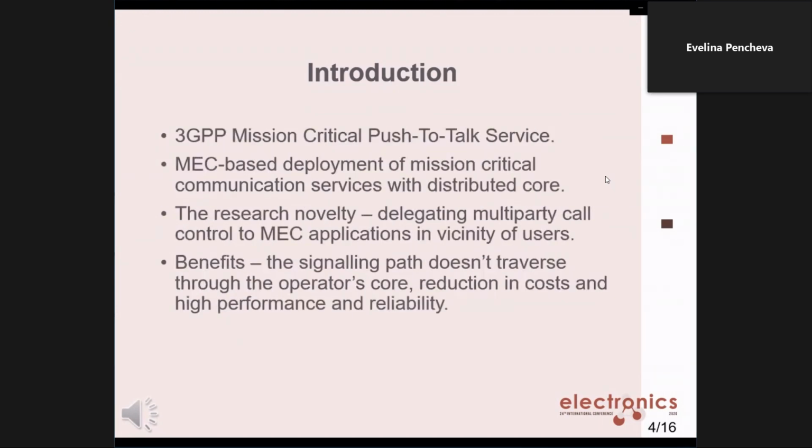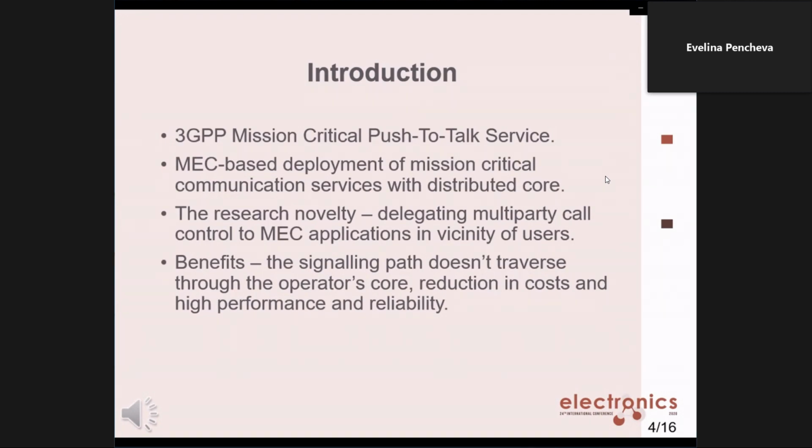Provisioning of the 3GPP mission-critical push-to-talk service relies on deployment of the Internet Protocol Multimedia Subsystem, or IMS. In this paper, we study how open access to multi-party call control can be provided by multi-access edge computing.